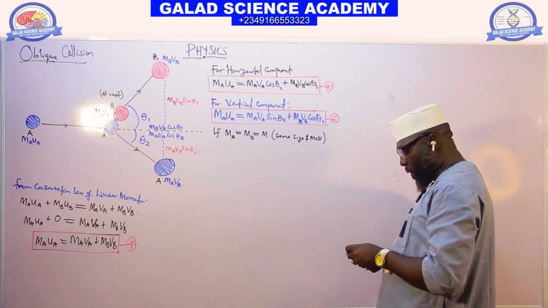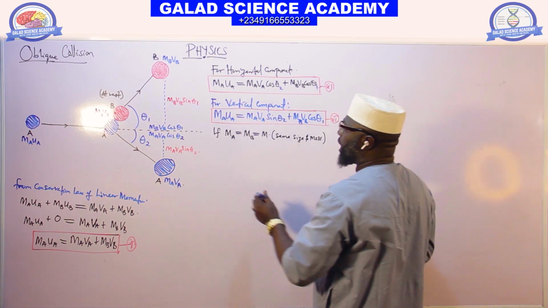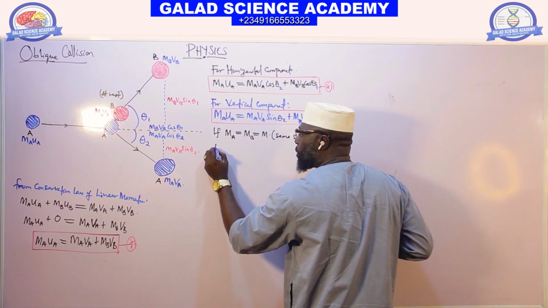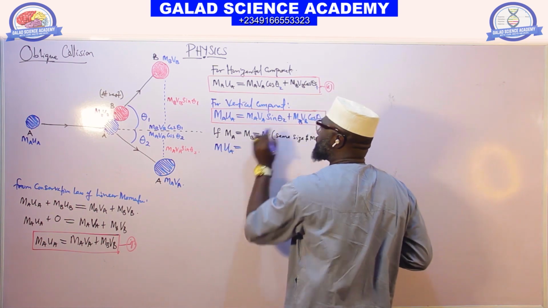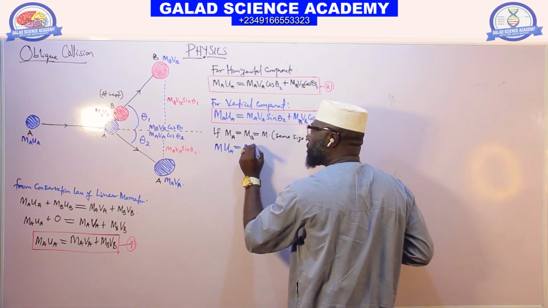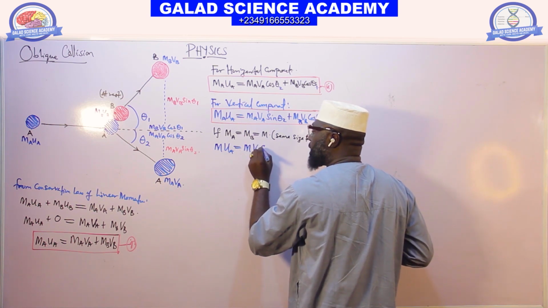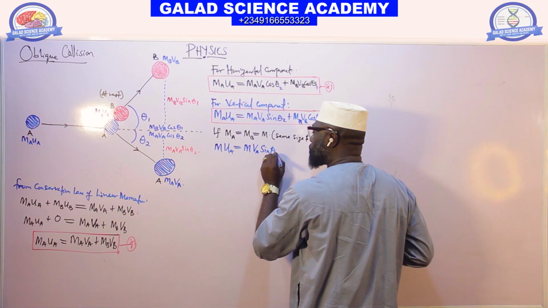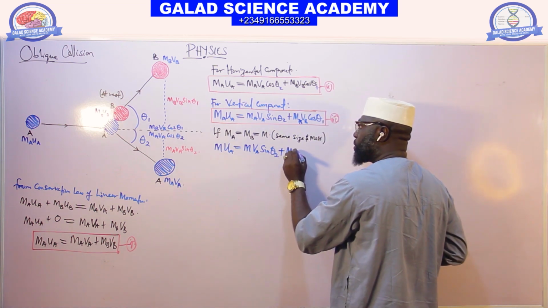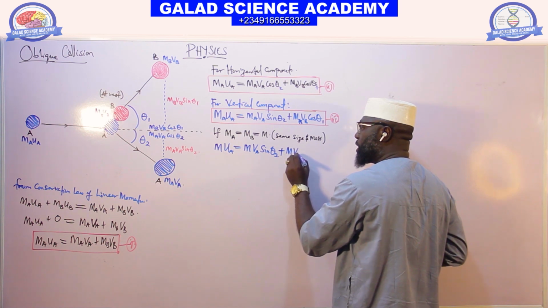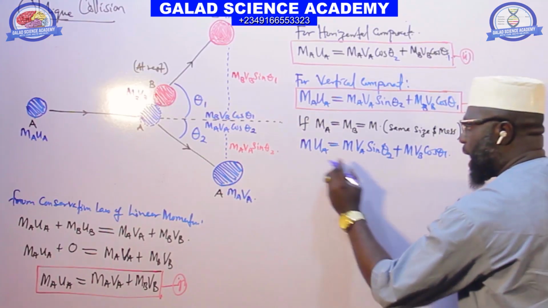When the masses are equal, what are we going to have? Change this one to M. Here we have VA sin theta 2 plus M VB, and this M is common.